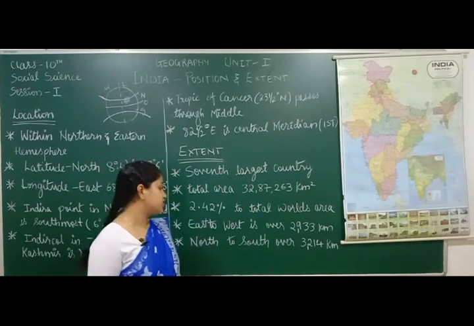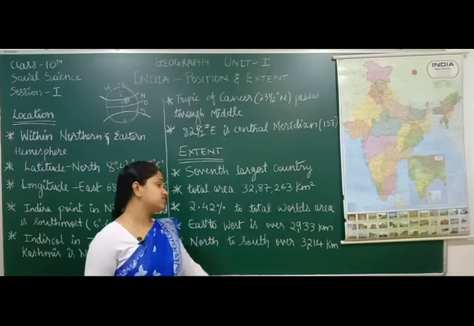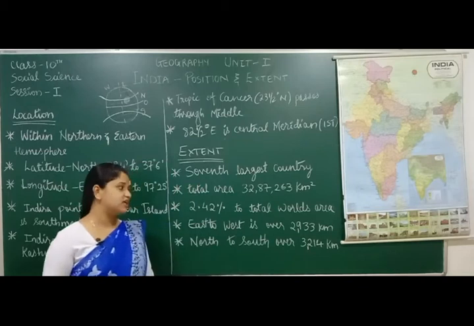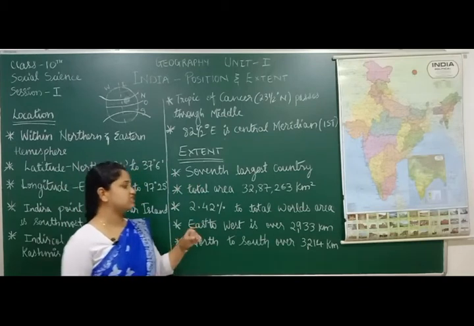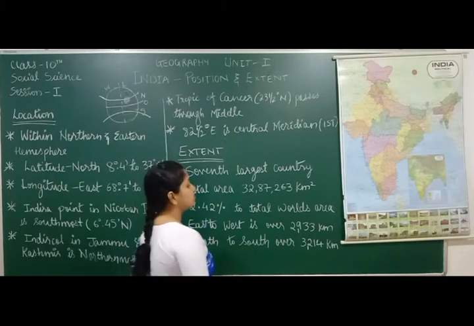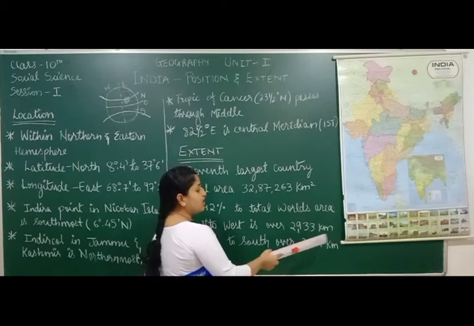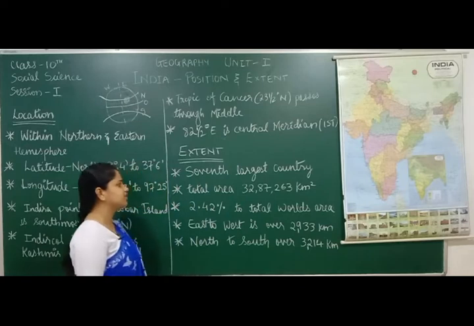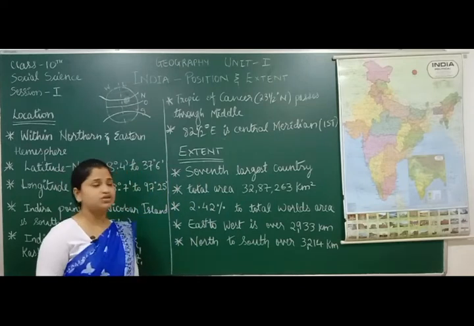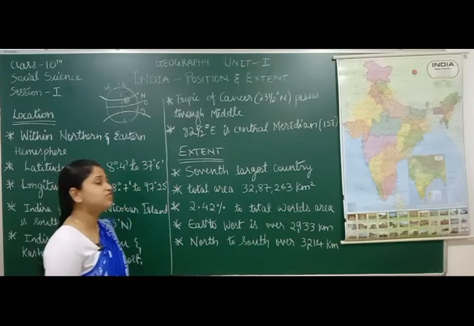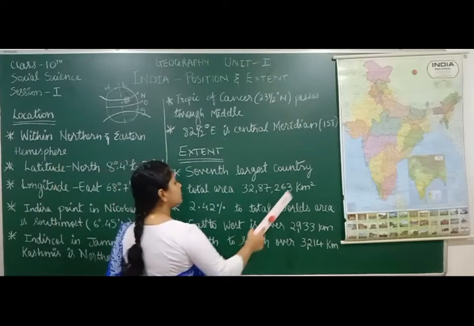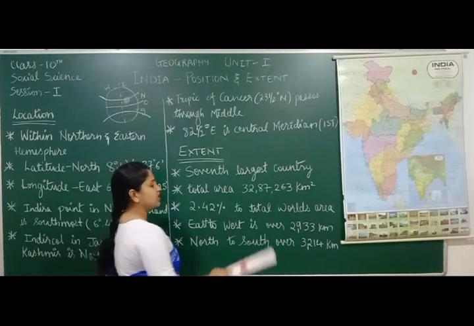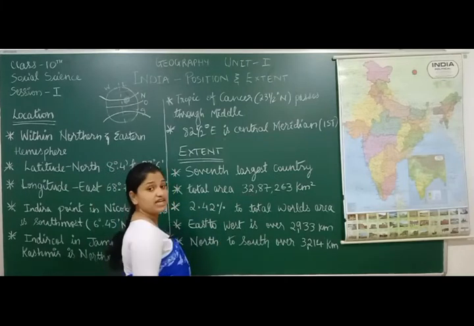So the north-south extent of India is 3,214 kilometers, whereas the east-west extent of India is 2,933 kilometers. That is very, very important. These 4 points that I have written are very important here. First, we have to remember very well the total area of our country. So what is the total area of our country? It is 32, what is that?